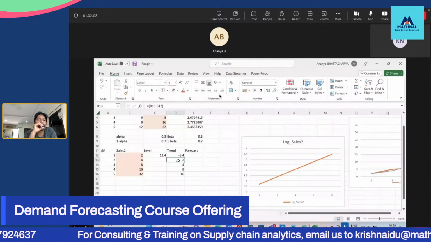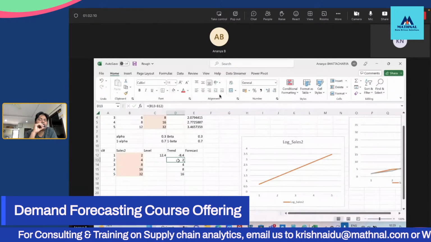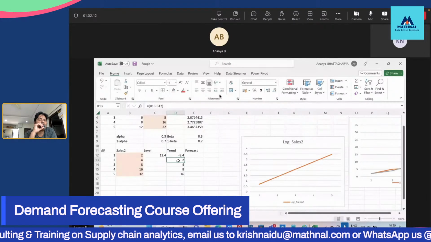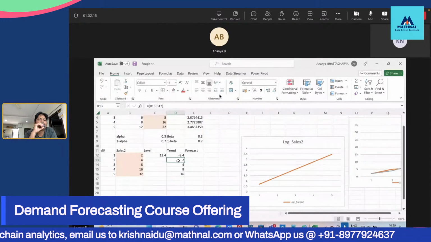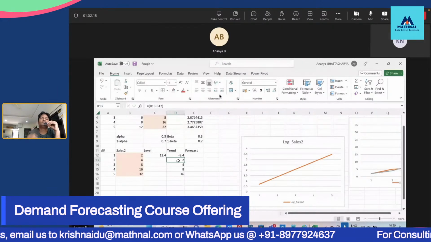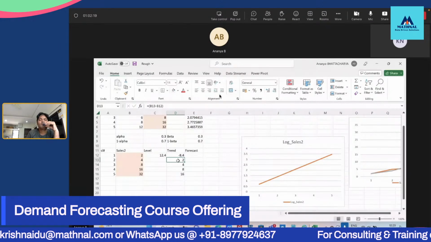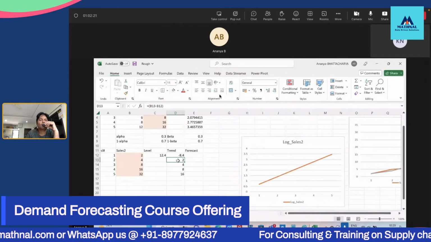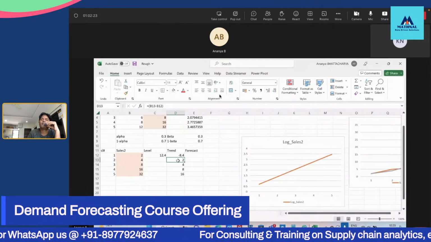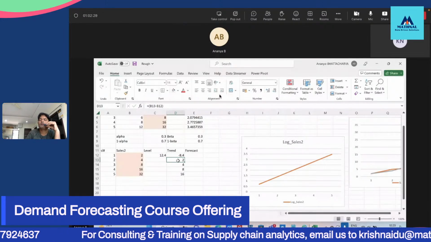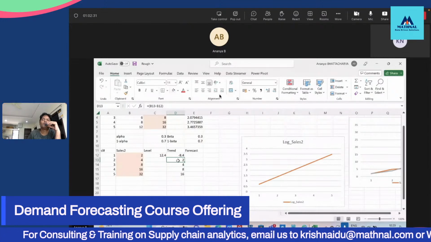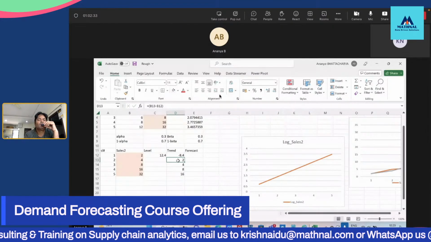Similarly, this is an assumption that our trend will proceed in this manner. Understood, sir. Now from the second values, we are going to do the forecasting of level as well as trend using our smoothing constants alpha and beta. So for level, let's do the forecasting.